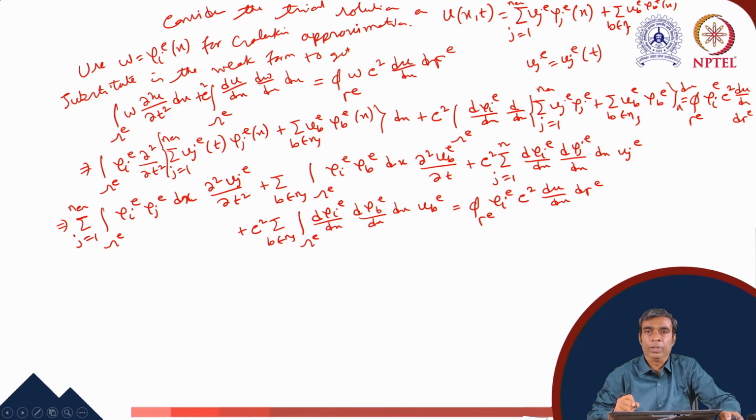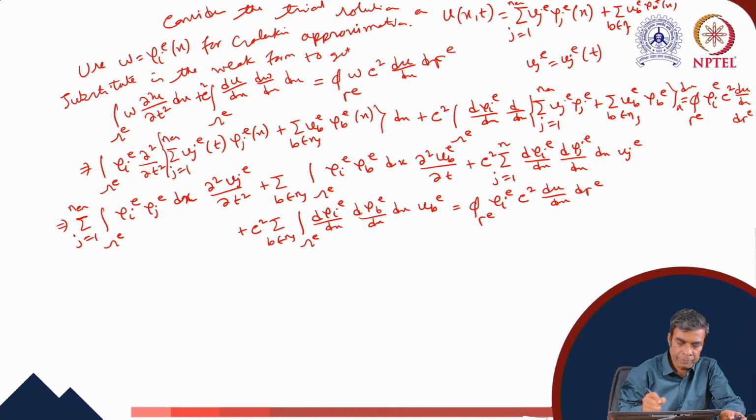Now the nodal vector uj, it is only a function of time. Because of this, we shall write this equation as an ordinary differential equation.